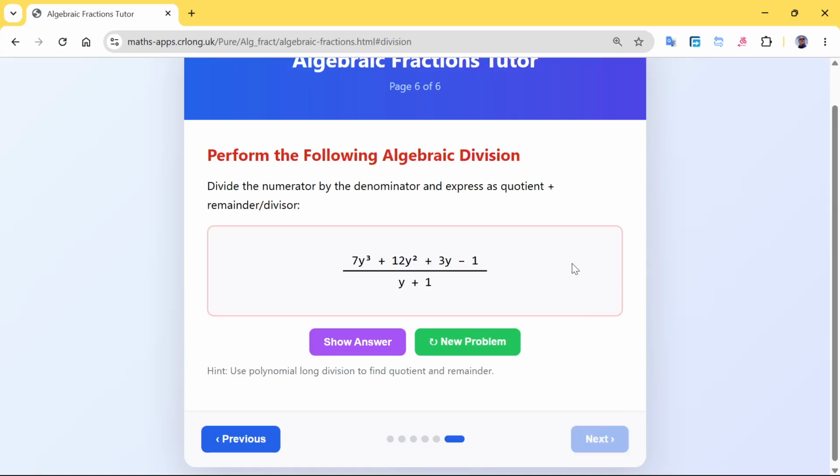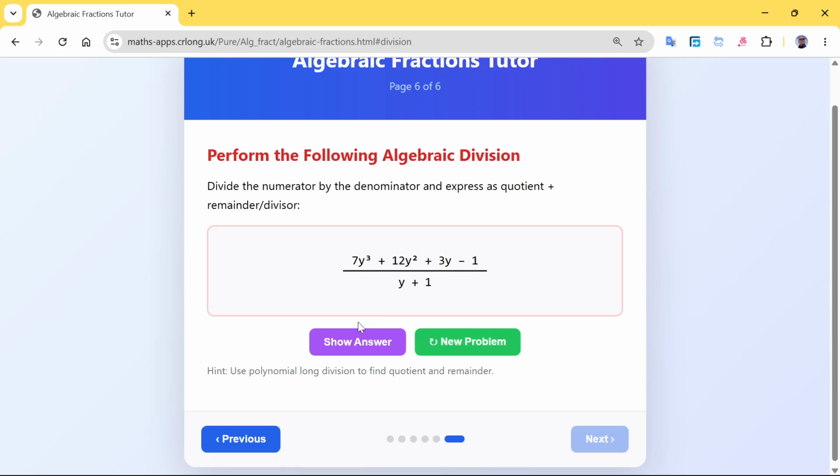And finally, if the numerator doesn't contain a common factor with what's on the denominator, in this case y plus 1, and you can check that by using the factor theorem of y equals minus 1 and substitute that into the numerator.